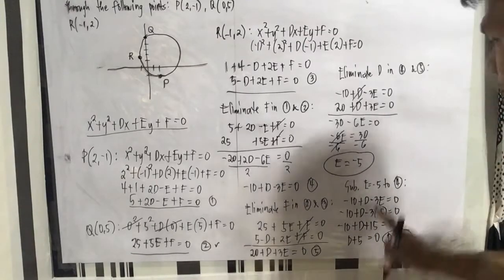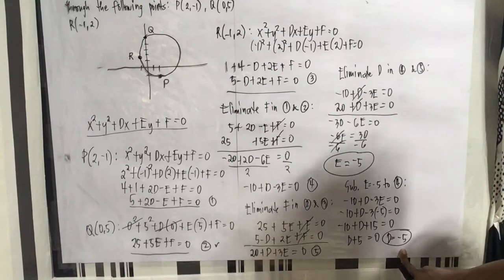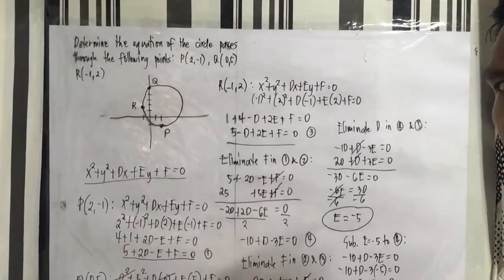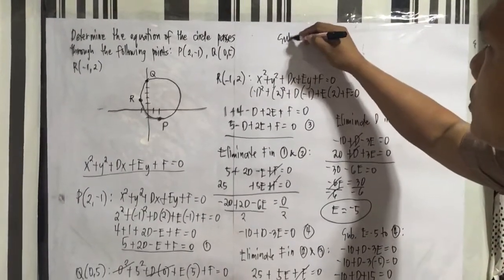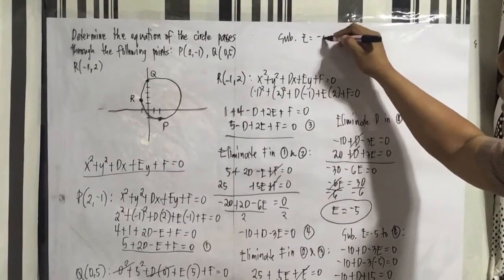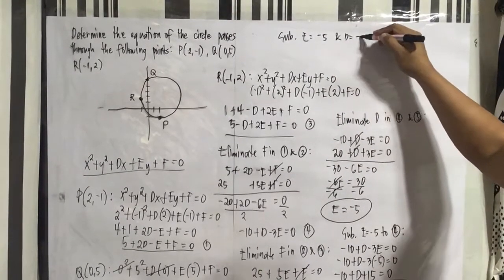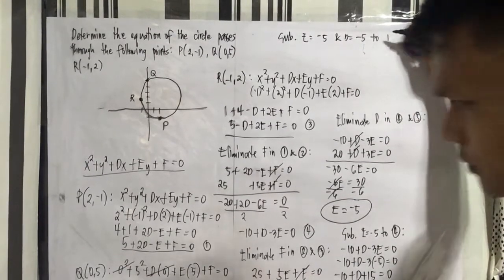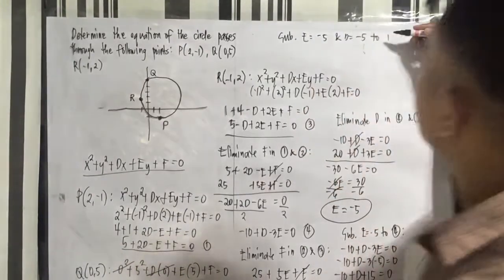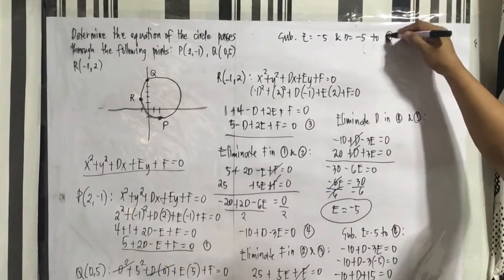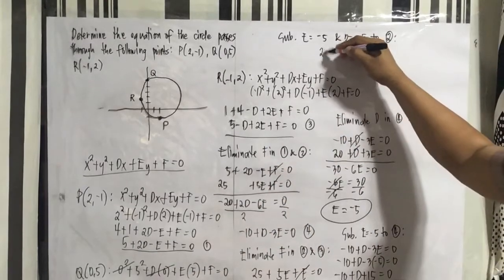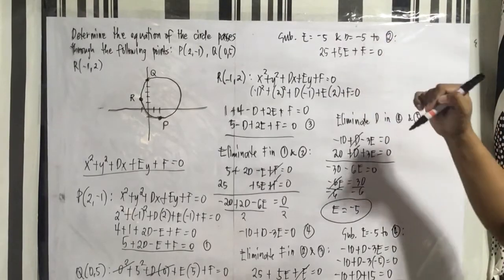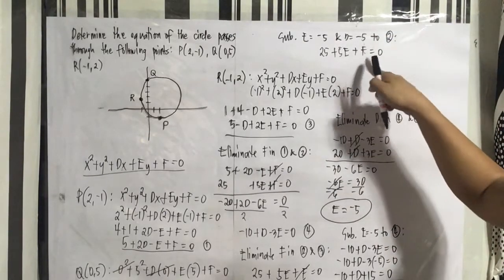So we now have the value of e and the value of d. What we are going to find now is the value of f. To find the value of f, we substitute e equals negative 5 and d equals negative 5. Pwede naman gamitin natin itong equation 2. So we have equation 2, 25 plus 5e plus f equals 0 para makuha na natin ang f.